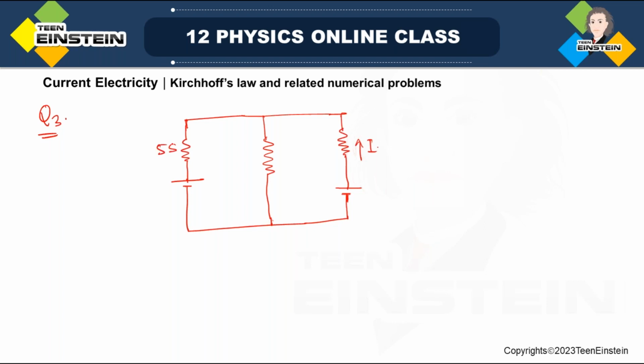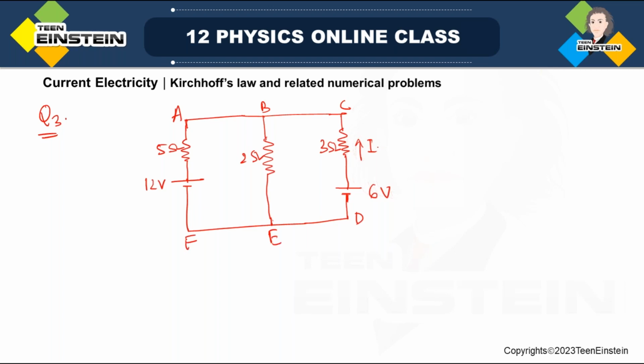Okay. So this is 5 ohm. This battery has 12 volt potential difference. This is 6 volt. This is 3 ohm resistance, and this resistance is 2 ohm. Okay. So let me just give names. This is A, this is B. This is C, D, E, and this is F.